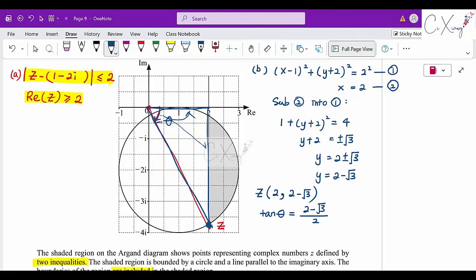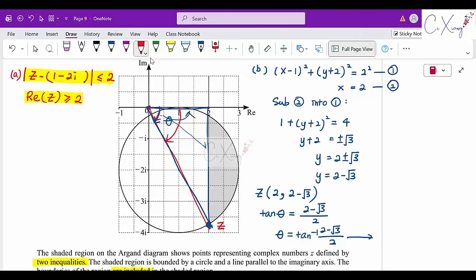If I want to know the positive value, then I just ignore the negative sign here. But no matter how, you can just try and press that. So theta is tangent inverse of (2 minus root 3) over 2. By right, you should be getting a negative value because we measure from the x-axis in the clockwise direction.